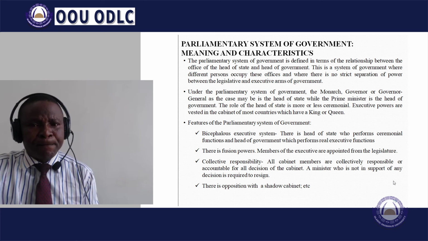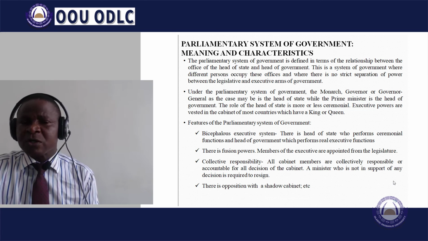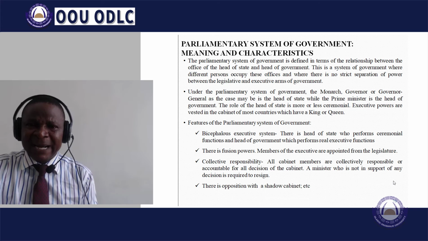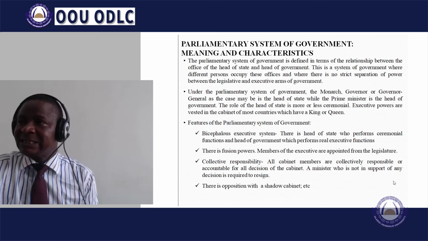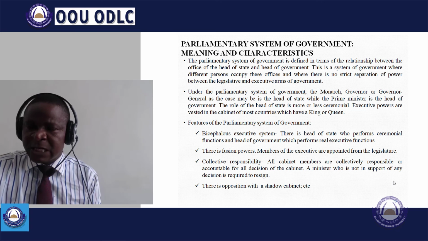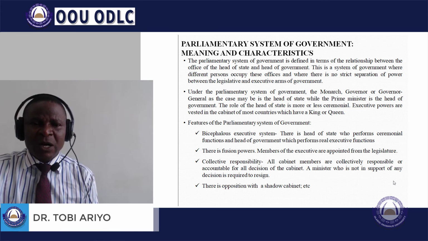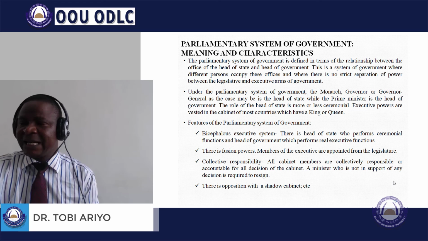Parliamentary system of government: meaning and character. The parliamentary system of government is also known as the bicephalous executive system, and it is defined in terms of the relationship between the office of the head of state and the head of government.